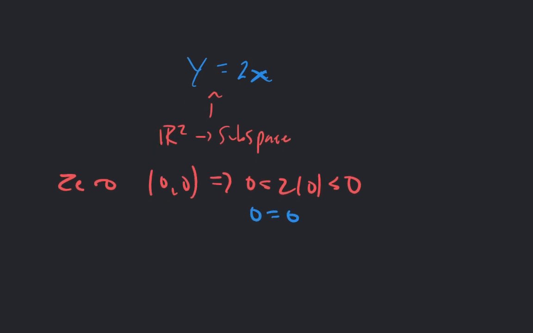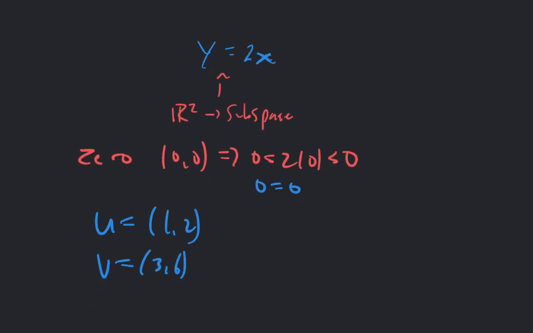Is it closed under addition? So let's say we have u is equal to 1, 2 and v is equal to 3, 6. If we add them, u plus v, is that going to be a point on y is equal to 2x? So that's 4, 8, and that is still on y equals 2x.